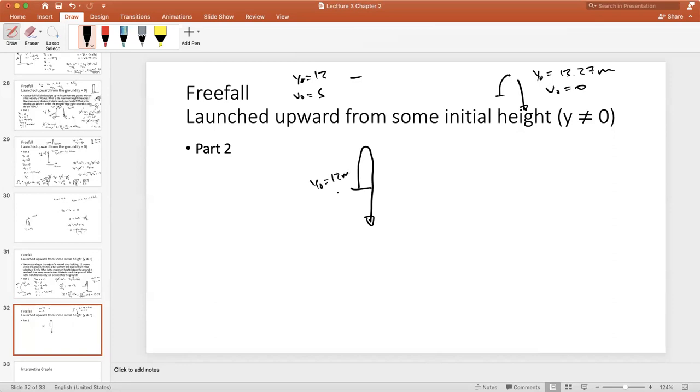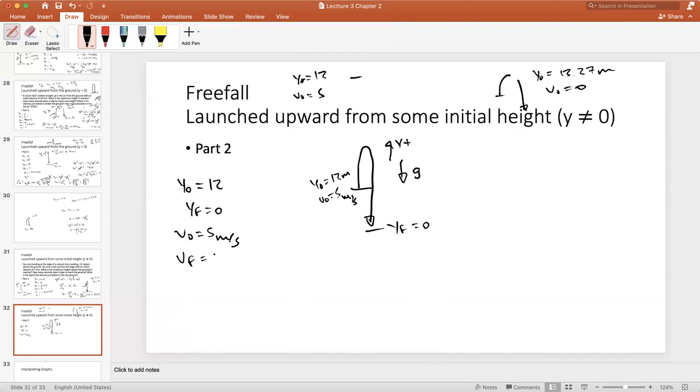So this was 12 and v initial was 5 meters per second. And this y final is 0, and that's all we need. So we know that y initial is 12, y final is 0, and v initial is positive 5. Remember that a is still g and y is still positive up.